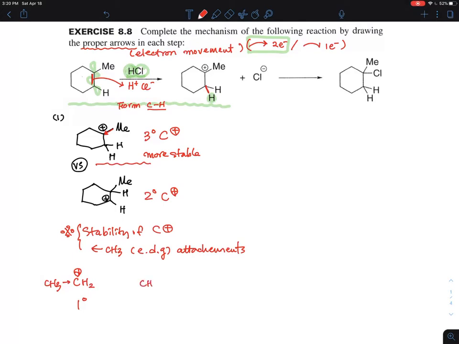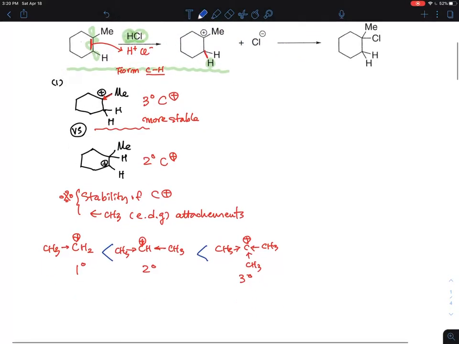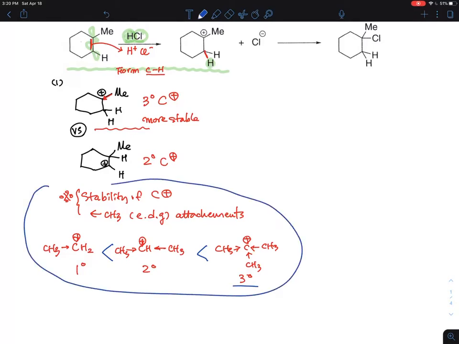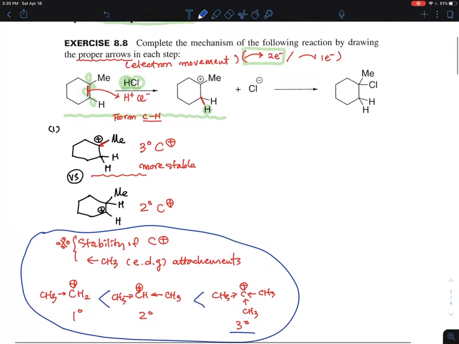If you have a CH with 2 CH3 electron donating groups, that's what you call secondary. And if you have a C with CH3, CH3, CH3, these are 3 electron donating groups. That's what we call the tertiary butyl group, and that's a tertiary group. In terms of stability, that's how the stability is ranked. Okay, so that's a little understanding of the first step that is involved here.